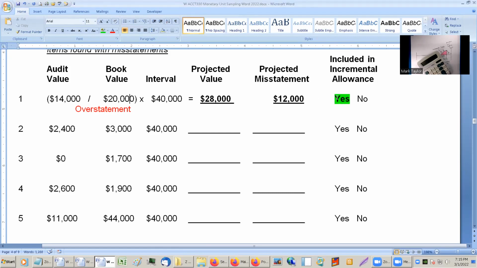And it's going to be including the incremental allowance. Again, we'll see how we actually work that out later on. Okay, let's go on to the next one.